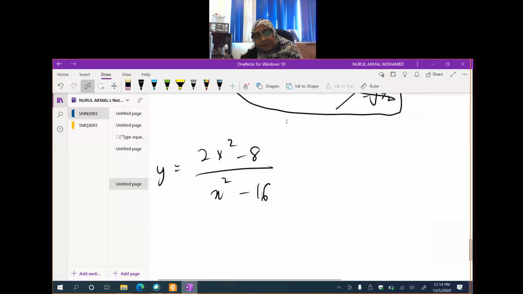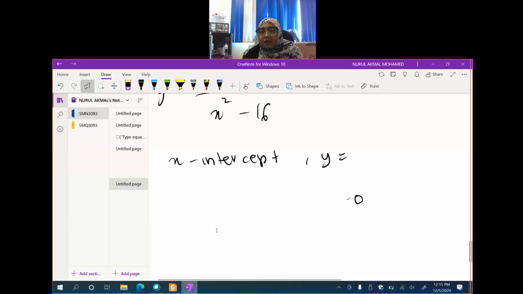For the x-intercept, it is when y equal to 0. What is the point for the x-intercept? Can you please check for me?